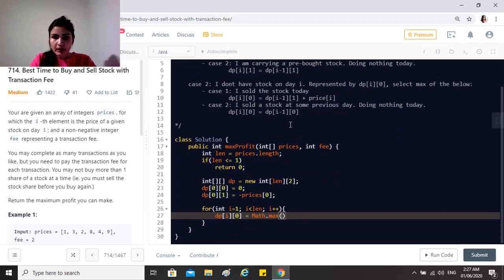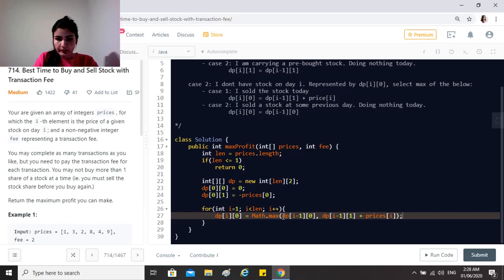If I talk about dp of i of 0, that means when I don't have any stocks on that day, so we'll just take the max of dp of i minus 1 of 0 or dp of i minus 1 of 1 plus the prices of i.